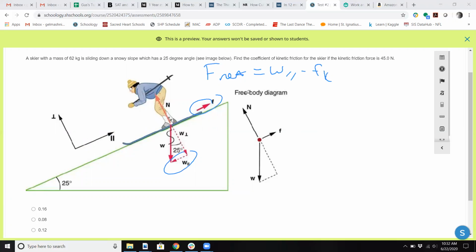Okay, so we don't even need to do all that. That's actually not necessary. Kinetic friction is mu K times Fn, we know this, right?